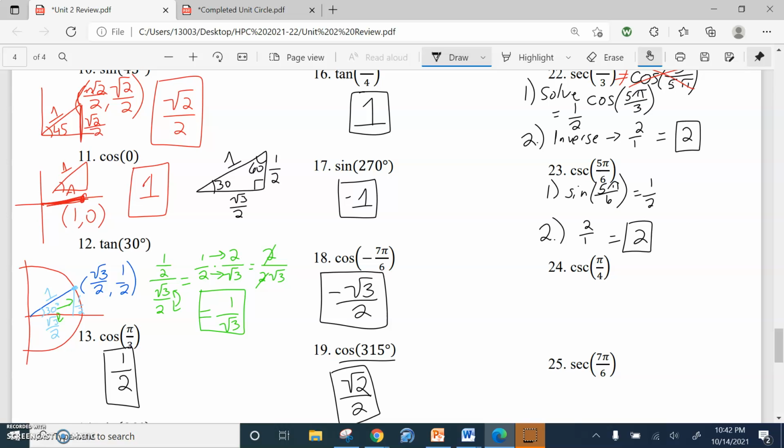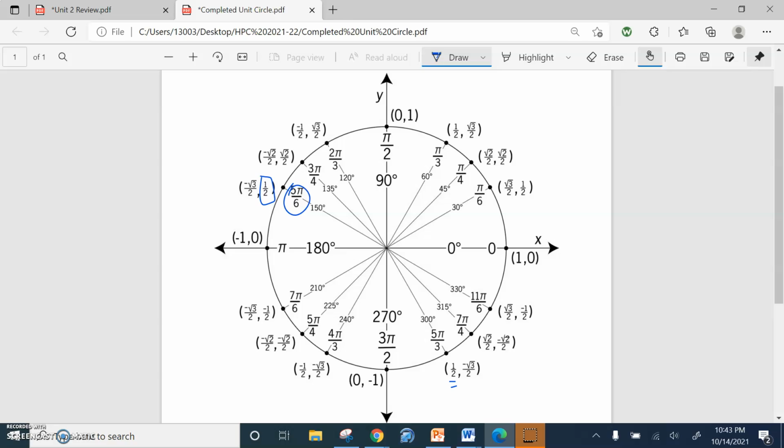So let's keep going. Cosecant of pi over 4, we're going to first solve sine of pi over 4. Sine of pi over 4, by now you should have it memorized if you're this deep into this assignment.